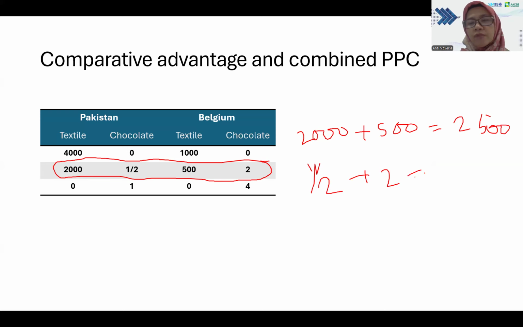So 2.5 tons of chocolate, 2,500 of textile, this is without trade. Now, if they specialize, Pakistan is going to produce 4,000 of textile, and Belgium is going to produce 4 tons of chocolate.